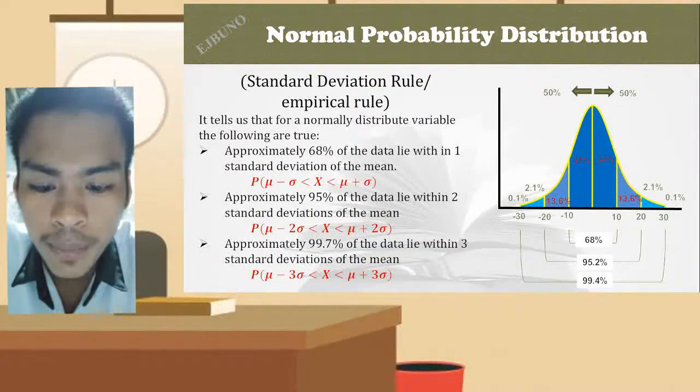Approximately 95% of the data lie within two standard deviations of the mean. P, expected value minus 2 times the standard deviation, is less than x, less than expected value plus 2 times the standard deviation.